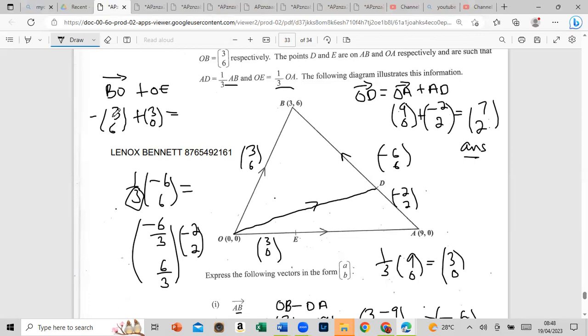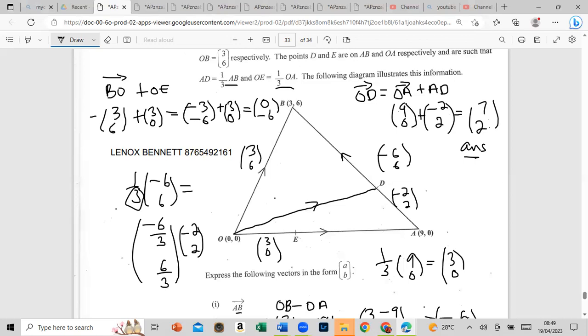If you put the negative here, it's going to be negative 3 and negative 6 plus 30. So negative 3 plus 30 will give us 0, and then this will give us minus 6. So from B to O would be 0, negative 6.